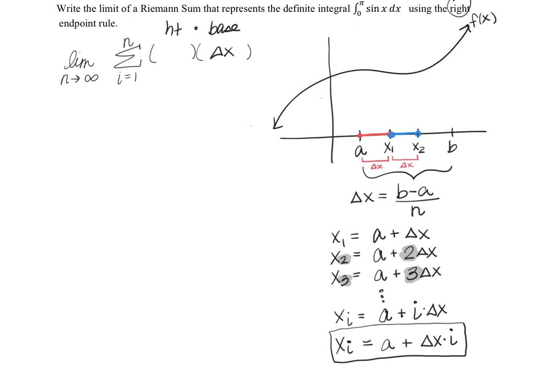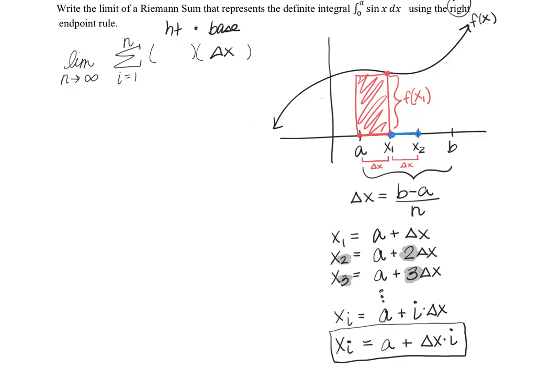So once again, going back to our diagram, if we were going to draw in our first rectangle, the one that I have in red, the right side of the interval is my x sub 1. So I'd go up to my curve, and that y value would be the height of my first rectangle. This y value right here is the output when I put in x sub 1.